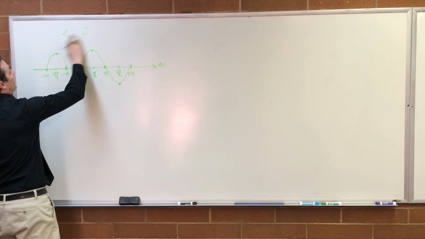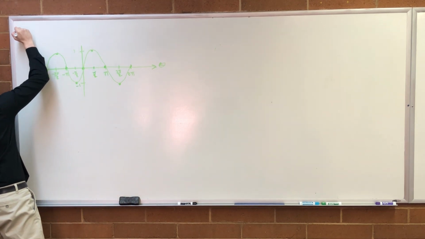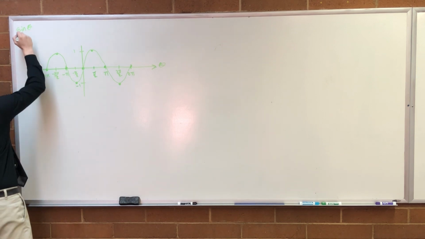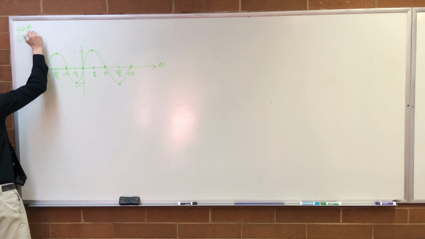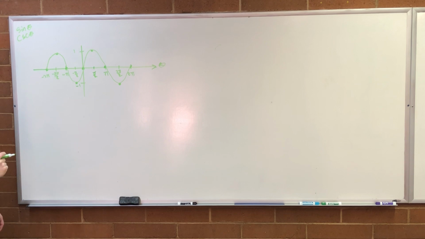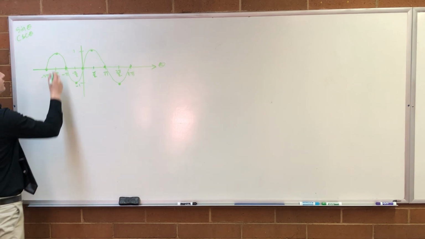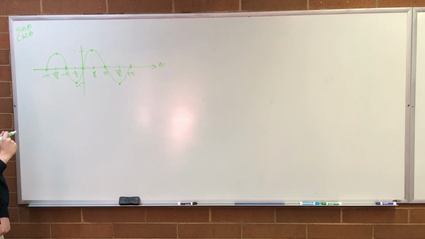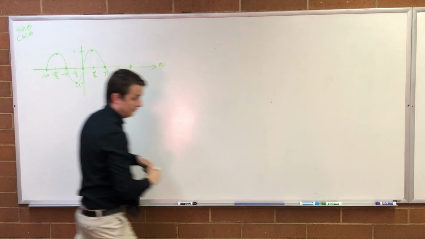Now, the one we also like to graph with sine is 1 over sine. 1 over sine is what cosecant is, cosecant of theta. So we're going to do the reciprocal of each point. What's the reciprocal of 1? If I take 1 and I flip numerator and denominator, what am I left with? 1.